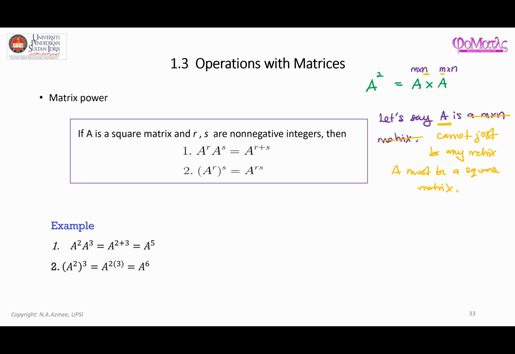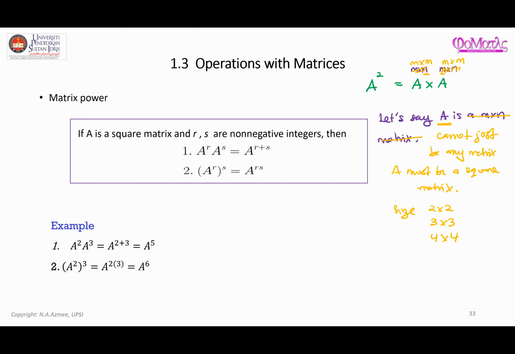A square matrix means the number of rows is the same as the number of columns, which means the size is going to be, for example, a 2 by 2 or a 3 by 3 or a 4 by 4. So in this case, we're going to have maybe an m times m. When it multiplies with itself, this matrix also has m times m, and then the result is going to be a square matrix as well.